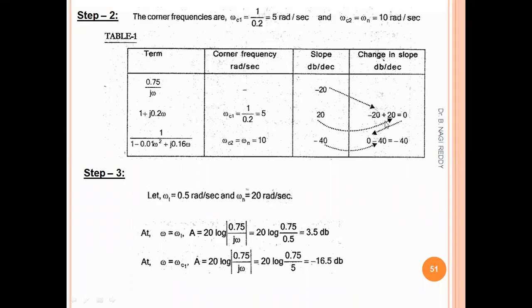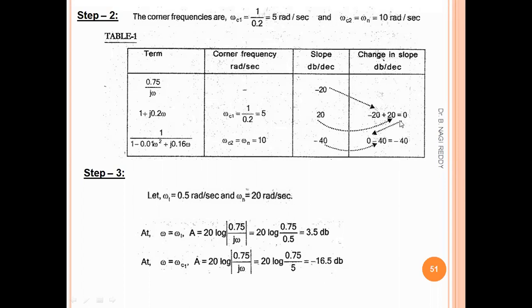And for the second term, to calculate the change in slope, simply take these two. The present slope is 20 and the previous slope is minus 20. So minus 20 and plus 20, we will get 0 as the change in slope. Right? And next, for the third term, the slope is minus 40, and the previous change in slope is 0.